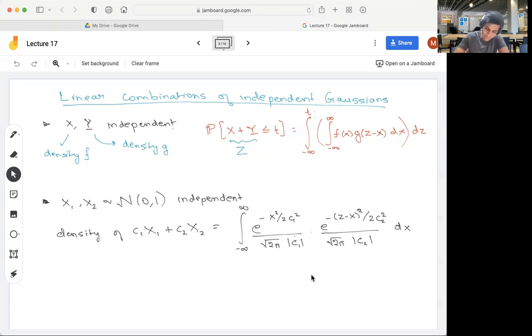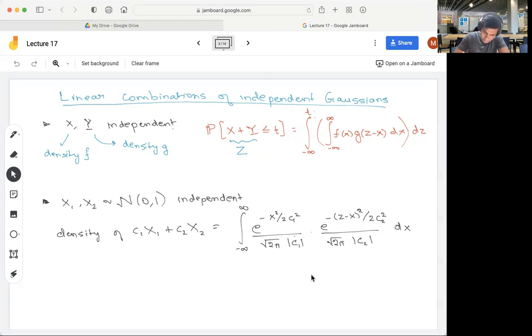Basically, suppose this random variable takes the value little z, then x plus y are adding up to little z. And so x is some number, let's say between minus infinity and infinity, and y is z minus x, so that the sum is equal to z. z is ranging from minus infinity to t because I'm interested in all values between minus infinity and t.